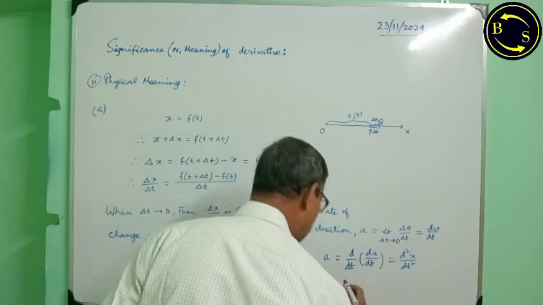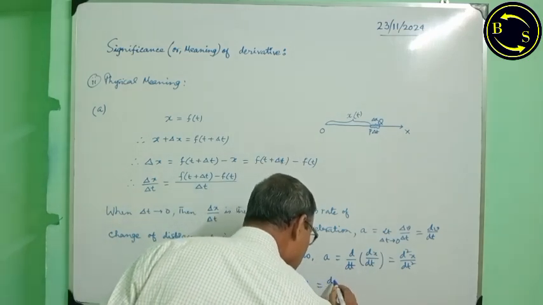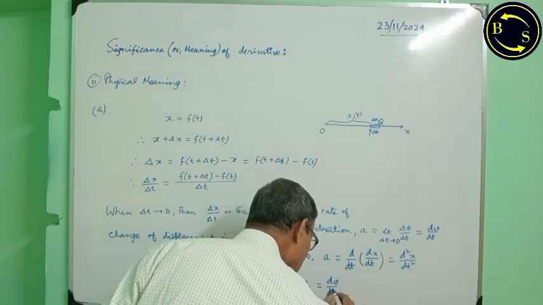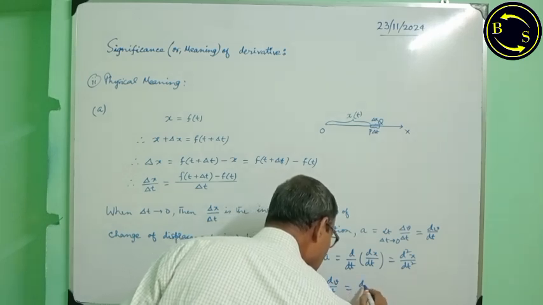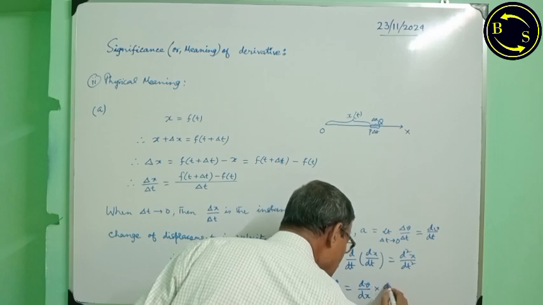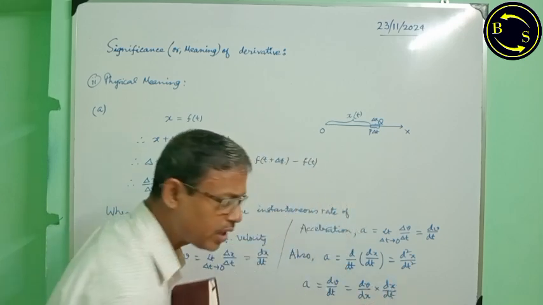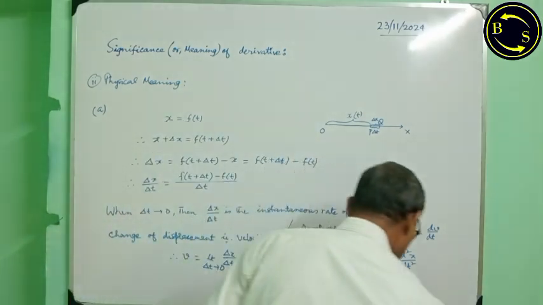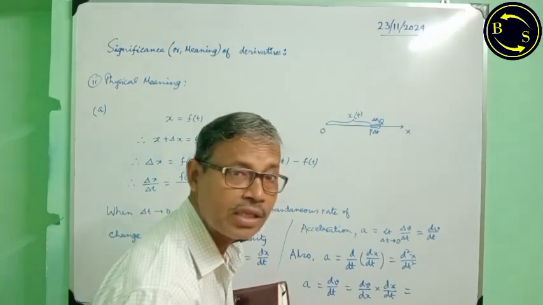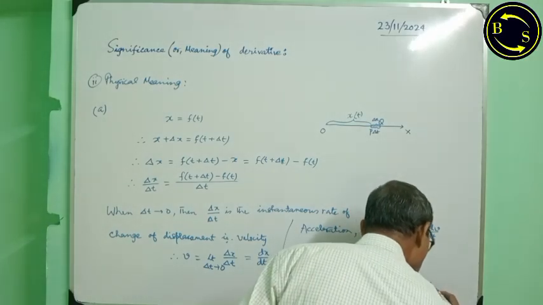Again, we can write dv dt as dv dx into dx dt. I have used here chain rule. Now dx dt is again v, therefore it is v dv dx.